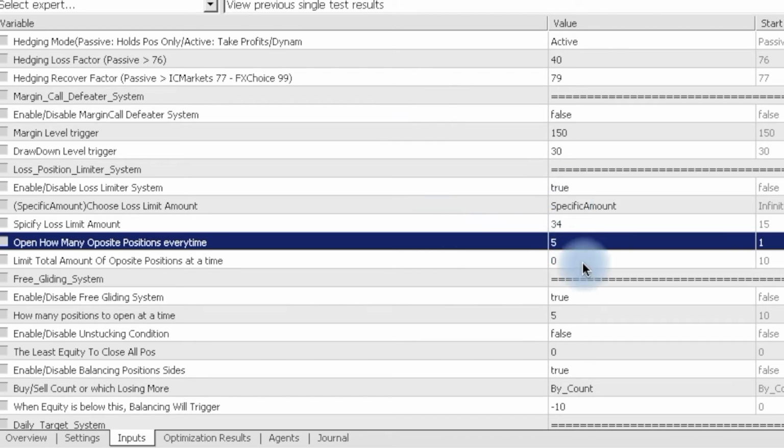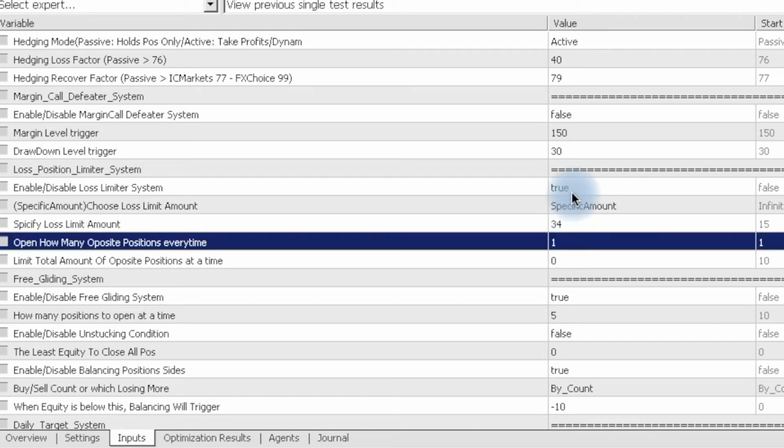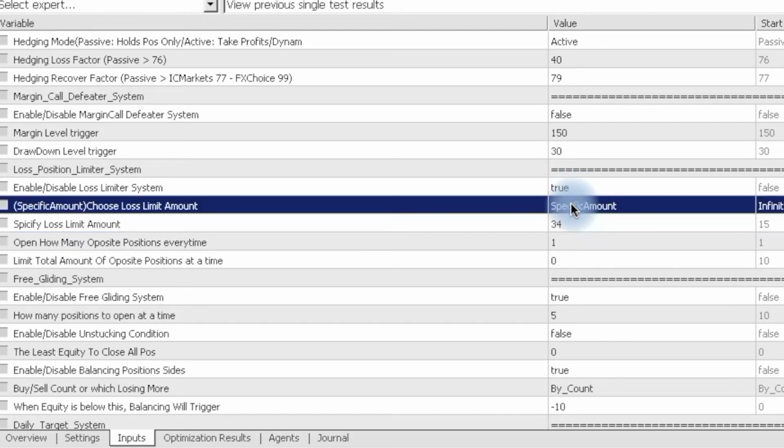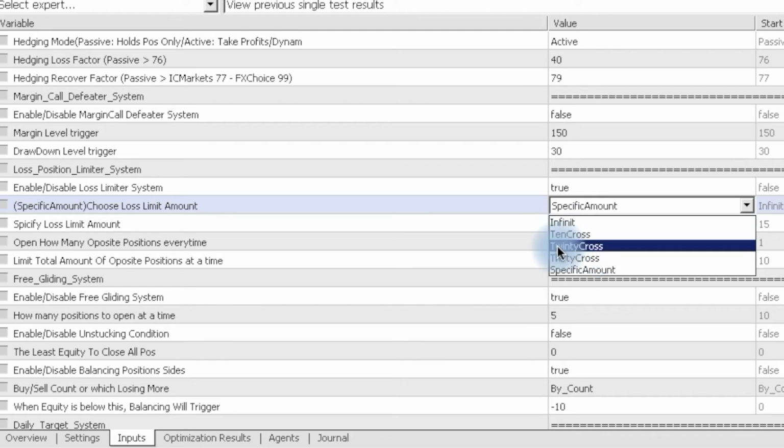So this is the loss limiter. Also, I can use presets. So if I say 10 cross, 20 cross, 30 cross, what does this mean? For example, I bought a position at 1,825.